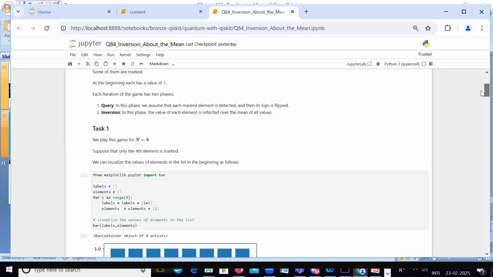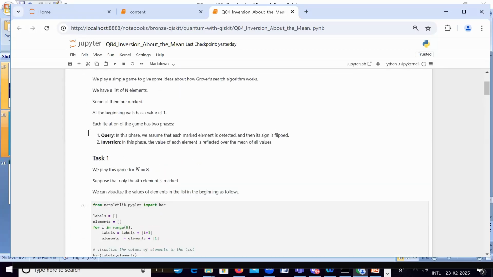Now moving to the second part, which gives more context. Each iteration has two phases. The first is the query phase, in which we assume each marked element is detected and its sign is flipped, which is the concept of phase kickback applied later in the search algorithm. The second is inversion, in which the value of each element is reflected over the mean of all the values.